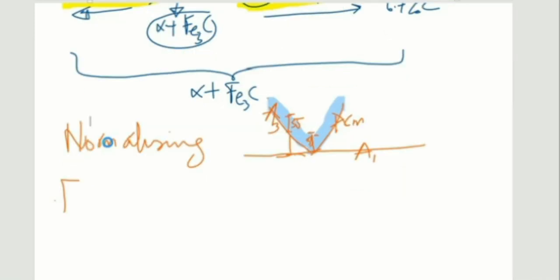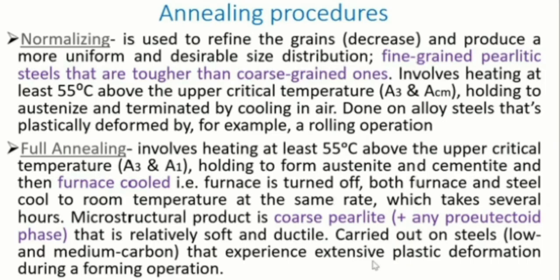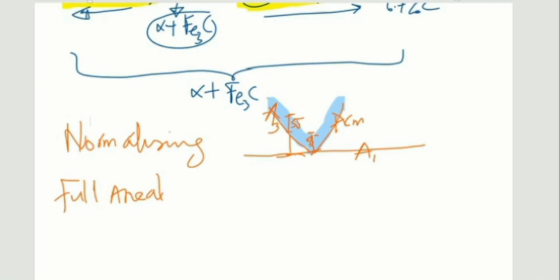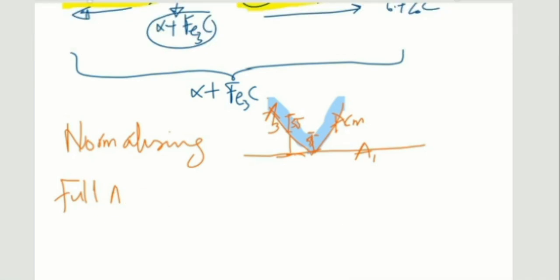Next, let's look at full annealing. Let me get the spelling correctly. It's double N, full annealing.